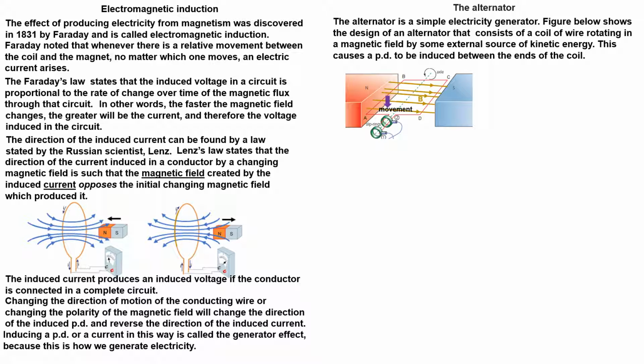We know that the current in the wire makes a magnetic field that pushes the wire in the opposite direction of its movement. So the current in the wire makes a magnetic field that pushes the wire upward. If we use Fleming's left-hand rule, we find the direction of the current.